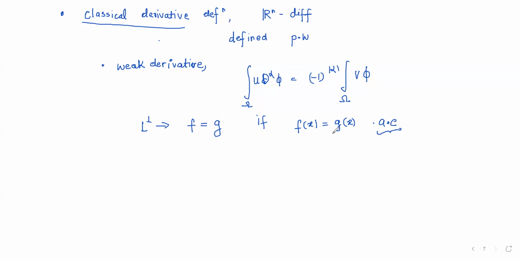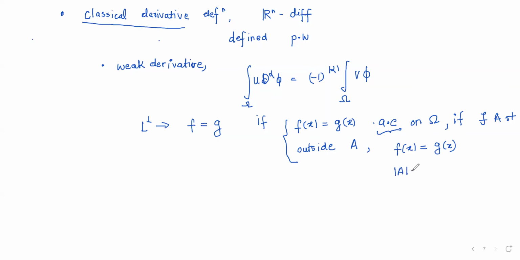This means that f(x) is equal to g(x) outside some set A, where the measure of that set is 0. Outside this set A, f(x) is equal to g(x), with the measure of A equal to 0.